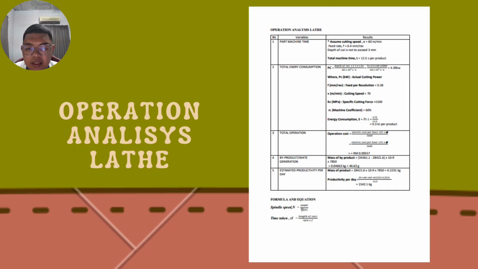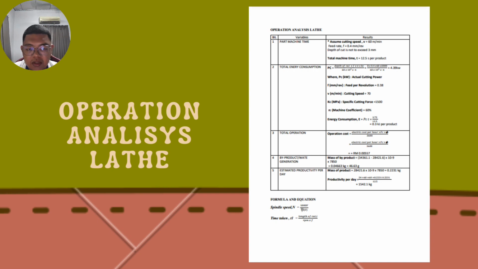Okay, the last one is operation analysis for lathe. For machine time, we assume cutting speed is 60 meter per minute and feed rate is 0.4 millimeter per revolution. Depth of cut is not to exceed 3 millimeter. So the total machine time is 12.5 seconds per product.